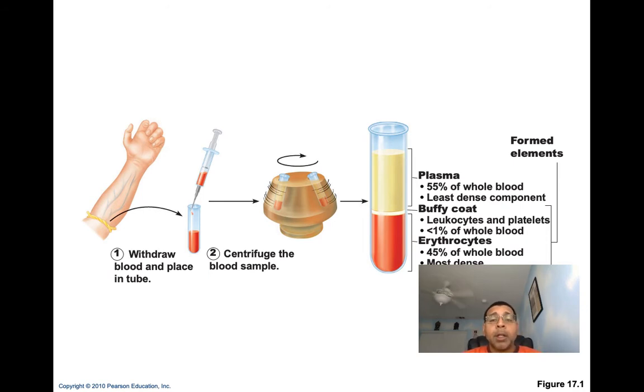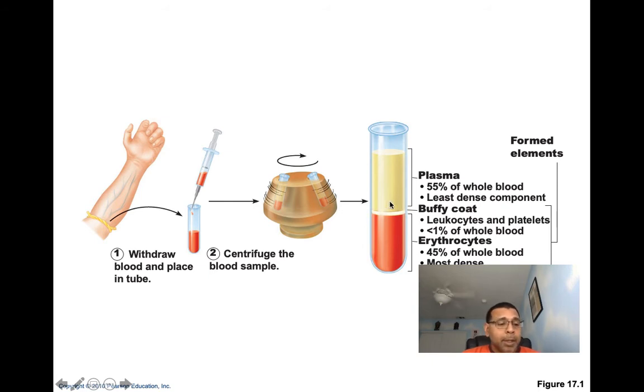Next, you have your leukocytes, your white blood cells, and they're found in the buffy coat. The buffy coat is the thin, whitish layer in the middle, between the erythrocytes and the plasma. So here we have the buffy coat.